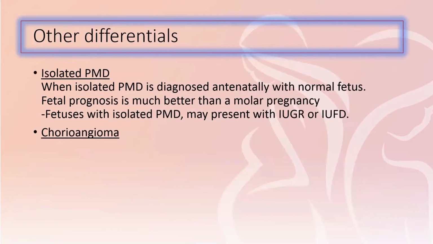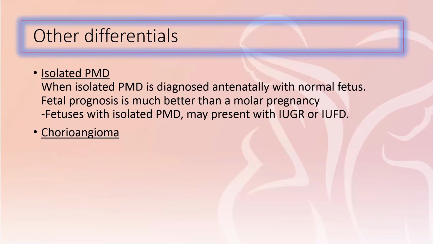The other differentials of PMD are that PMD can also occur as isolated placental mesenchymal dysplasia. This is diagnosed when the fetus is totally normal. Fetal prognosis is much better than a molar pregnancy in cases of isolated PMD.